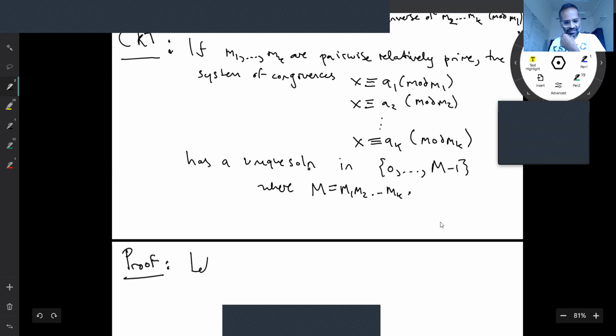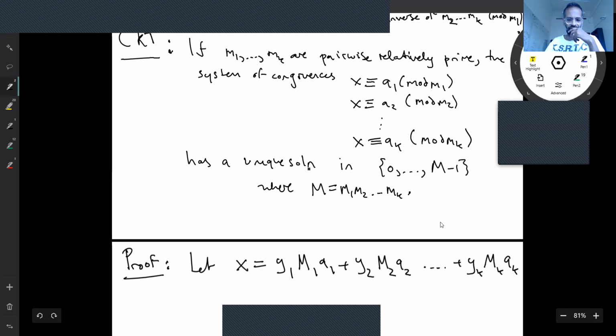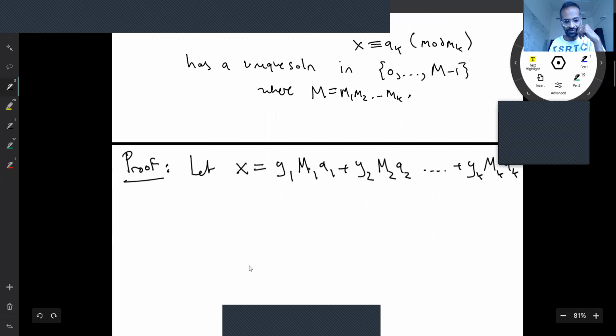So the proof is: let x equal y1 times capital M1 times a1 plus y2 times capital M2 times a2, dot dot dot, all the way up to yk times capital Mk times ak, where I haven't defined these capital Mi, so let me define them.